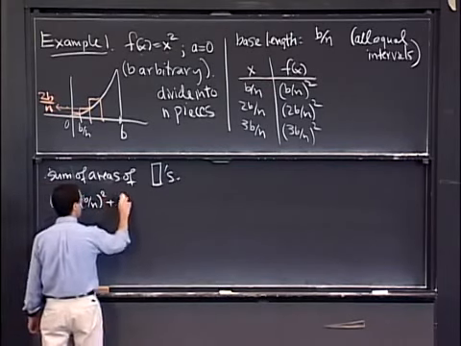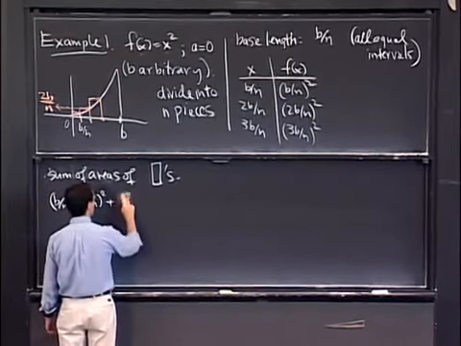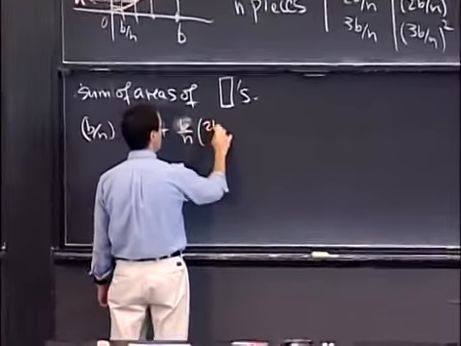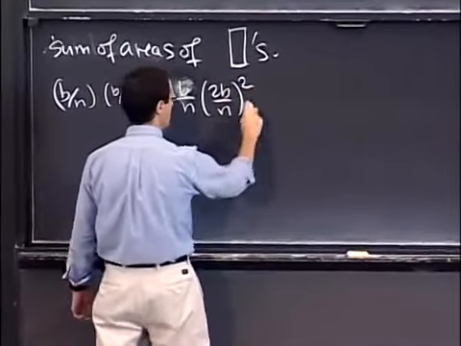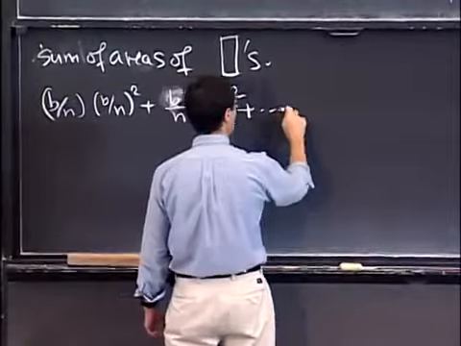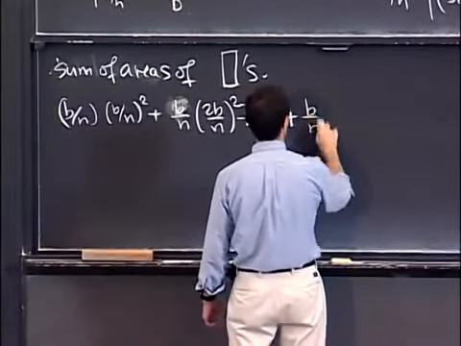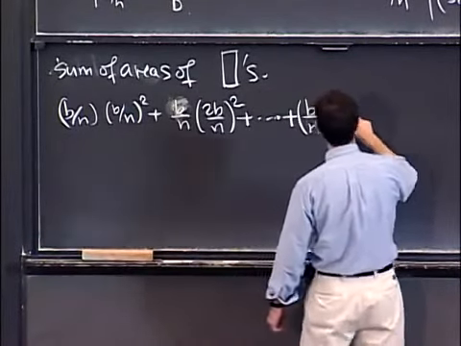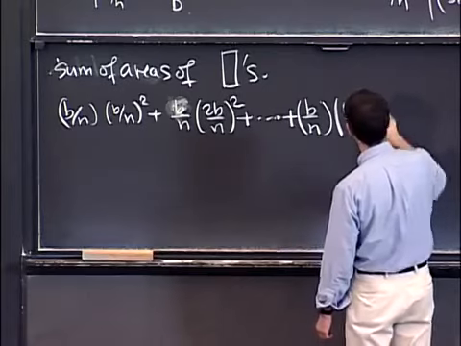The second one is b over n times 2b over n squared. And it just keeps on going. And the last one is b over n times nb over n squared.